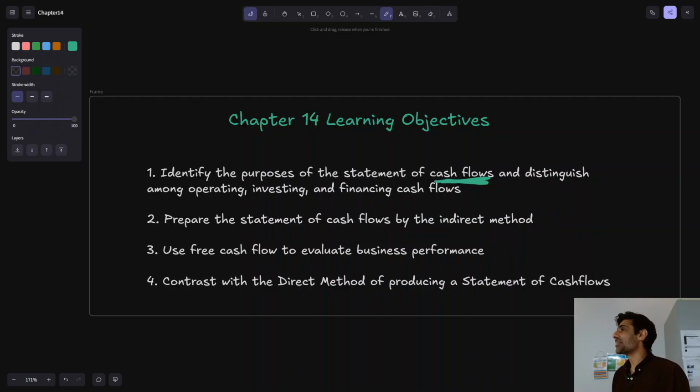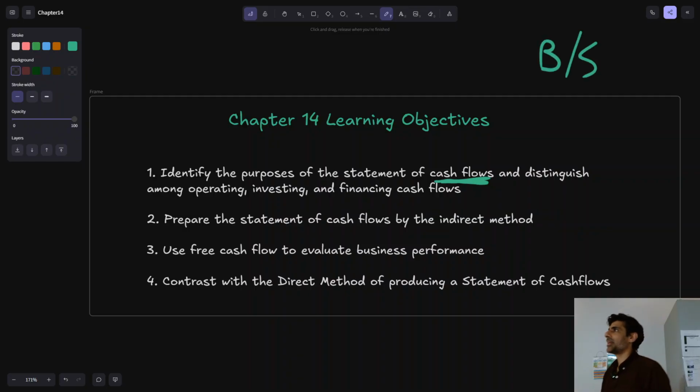Okay, let's just do a basic review. What are the three kinds of financial statements we've already been doing? What are the two main ones, the two core ones that we spent a lot of time with? Balance sheet, okay.